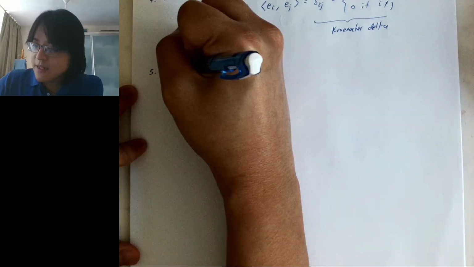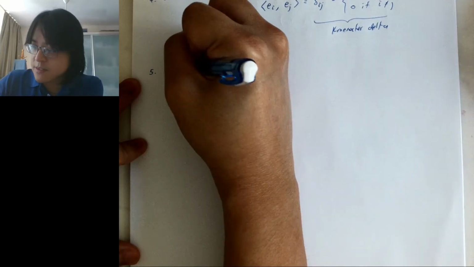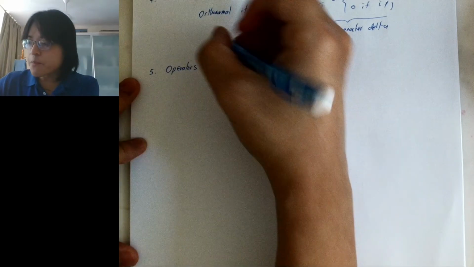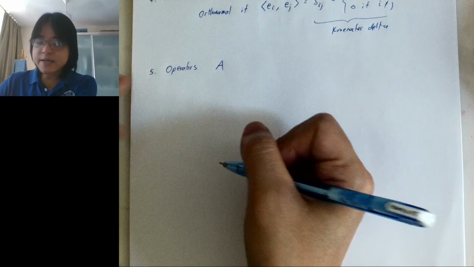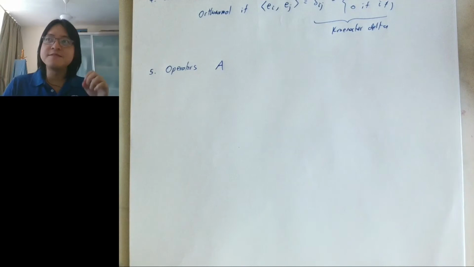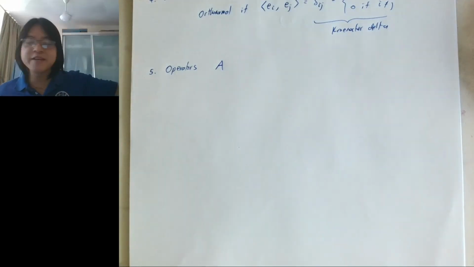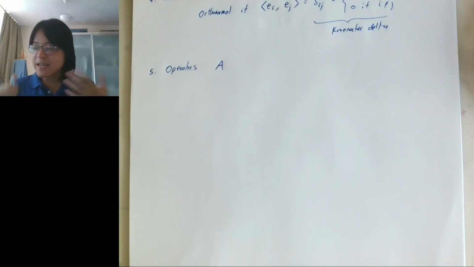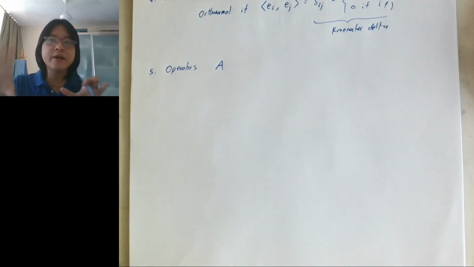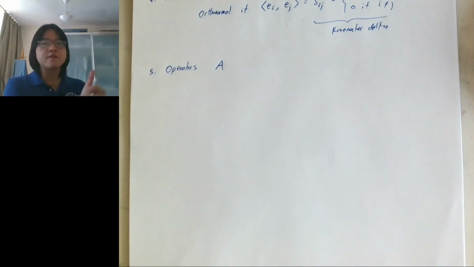Now, for point number 5, we have operators. There's a mathematical definition, rigorous stuff and all that, but to make it easy to remember, an operator is something that eats a vector and spits out a new vector.